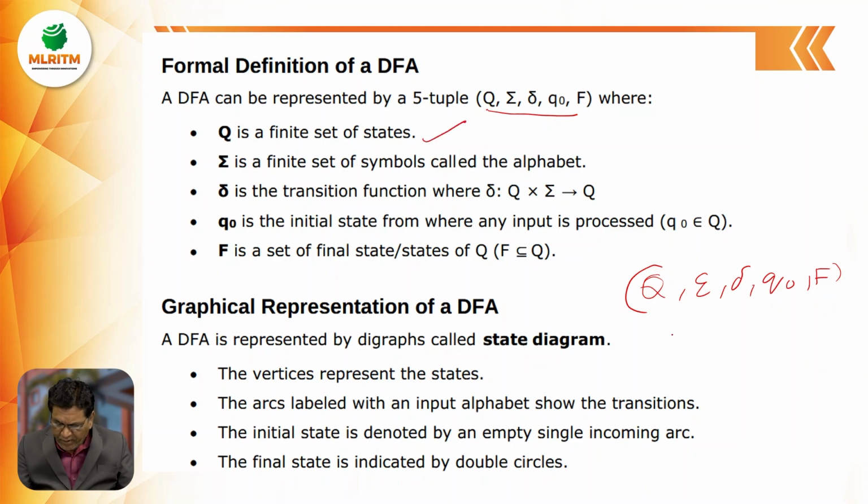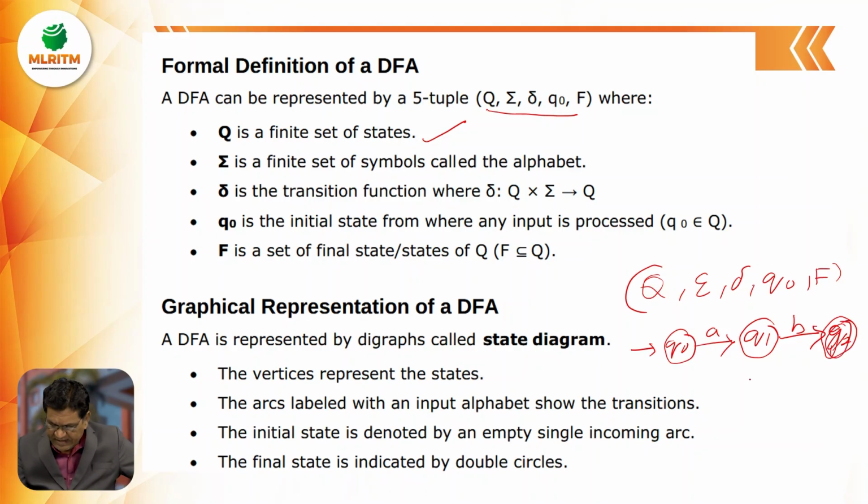For example, I want to give one small example. In the transition diagram, q0 with input a goes to q1, and q1 with b goes to q2. Here q2 is a final state.